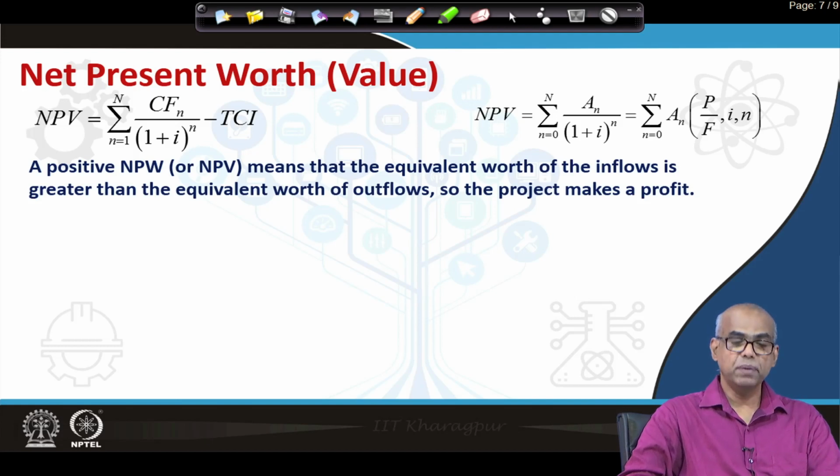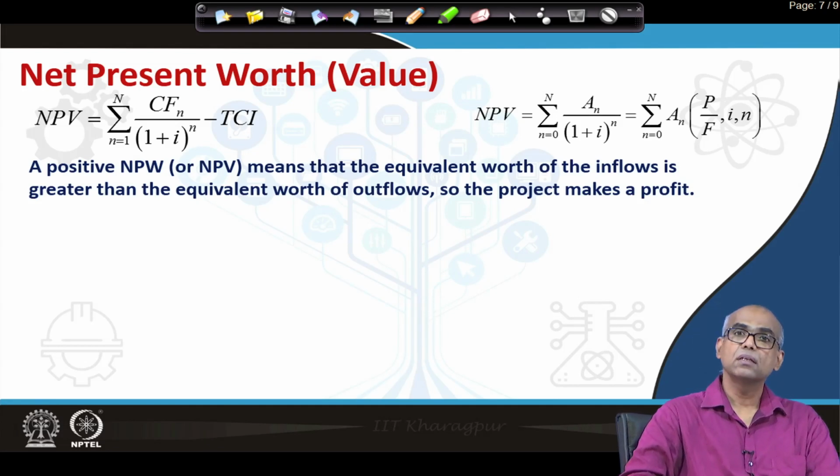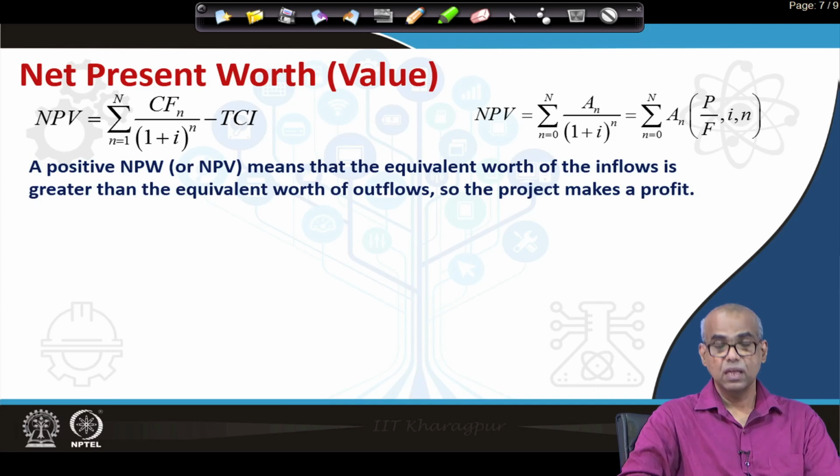A positive net present worth or net present value means that the equivalent worth of the inflows is greater than the equivalent worth of outflows. So, the project makes a profit. So, if you are evaluating a single business proposal, you can accept the proposal if the NPV value is greater than 0.